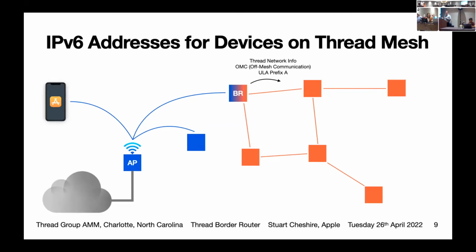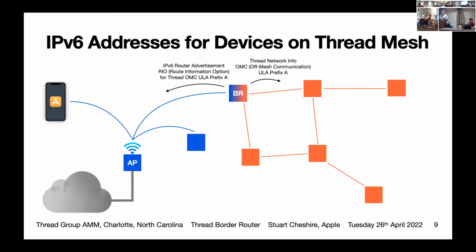For most home users today, they will be using an automatically generated ULA. But for an enterprise that actually wants everything within a large building or a large campus of buildings to all be reachable, they can run prefix delegation and actually have all of these things be interconnected.